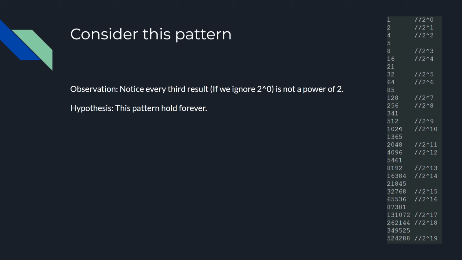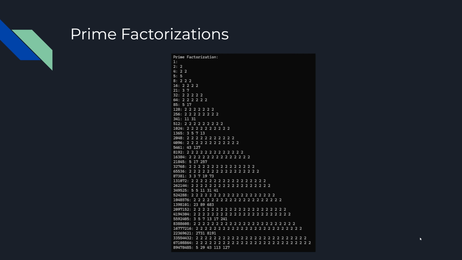And my hypothesis is that just keeps going on forever. And you can see here I showed it in this column format up to 2 to the power of 19, but we do see that it gets more results here. It goes up a bit more. With this prime factorization, you can very clearly see all these are just powers of 2, and these are not.